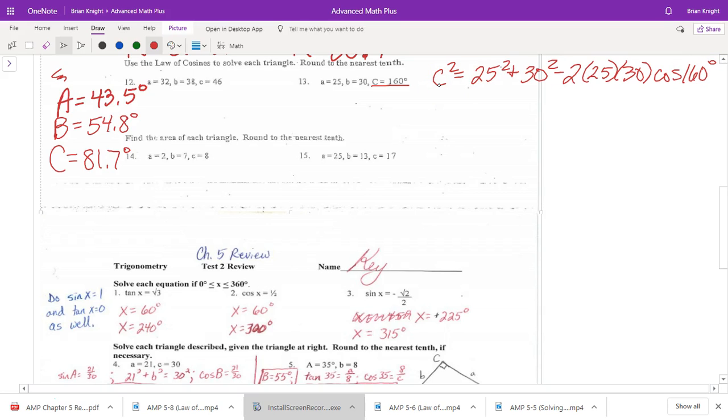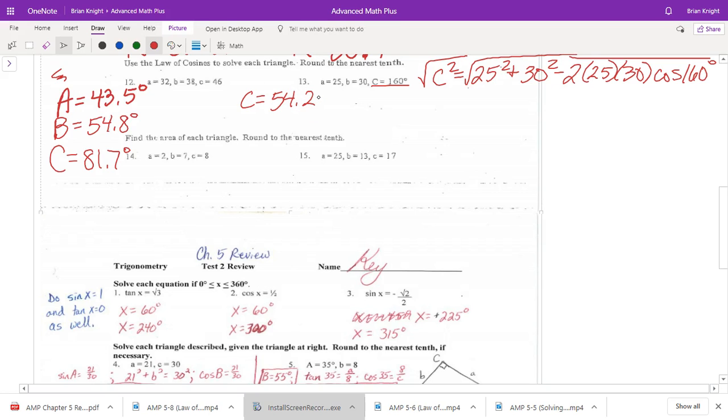What do you do to get C there? Take the square root. So side C will be the square root of all that, which you should get 54.2.